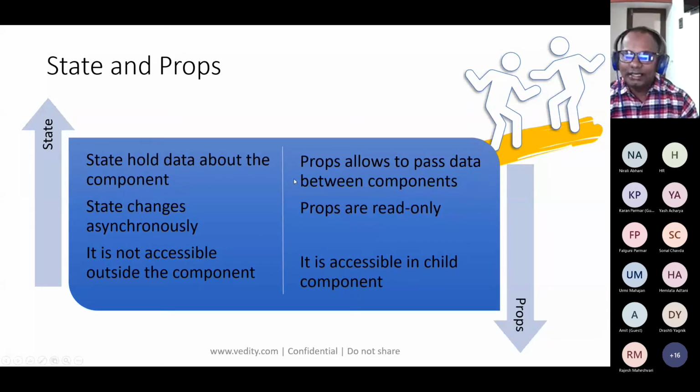On the other side, state changes asynchronously. Now, these statements mean a lot actually. Those who are working with React understand what I'm trying to say. But when we talk about asynchronous, people take time to understand why it is asynchronous and how it works.